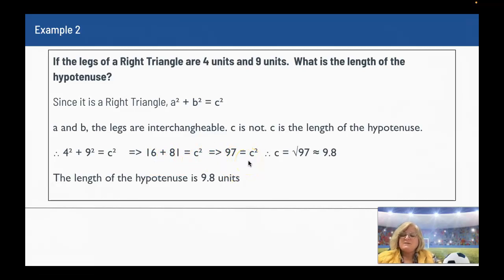I'm not looking for c squared, I'm looking for c. C is the length of the hypotenuse. So c has to be the square root of 97. On a calculator, I plugged in square root of 97 and I got about 9.8. So the length of the hypotenuse is about 9.8 units. I don't need to put in the unit of measurement while I'm doing the math, but in the final answer, you should always have the unit of measurement.